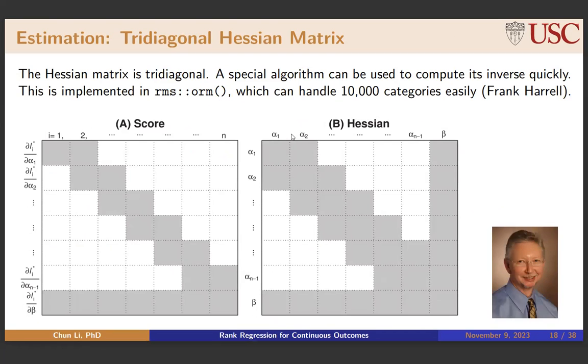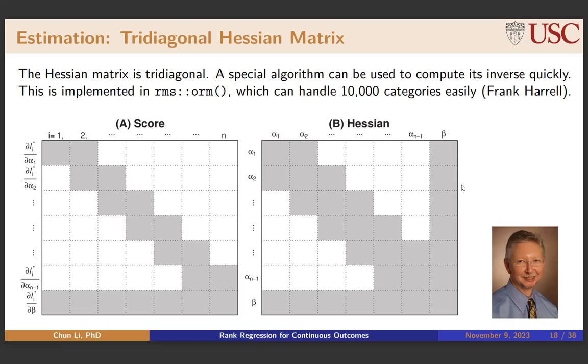We have so many parameters, there's an issue in computation. It turns out that if you want to use a second derivative algorithm to iterate to get the estimate, you rely on the Hessian matrix. It turns out the Hessian matrix has this structure that is tridiagonal, and all those white cells are zero. And for this tridiagonal matrix, there's a way to efficiently compute the inverse, so that we can do this second order Newton approach.